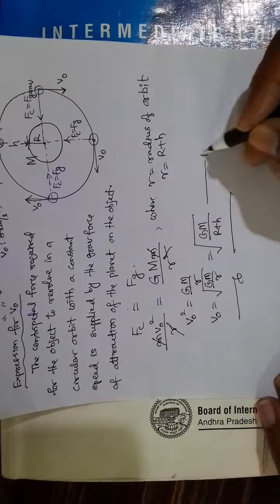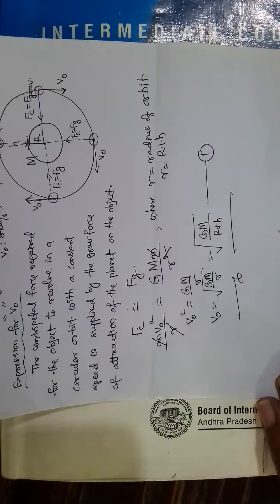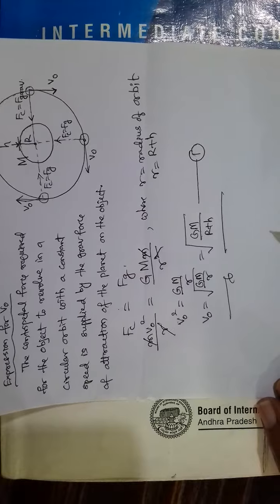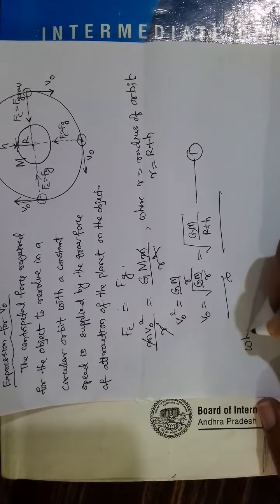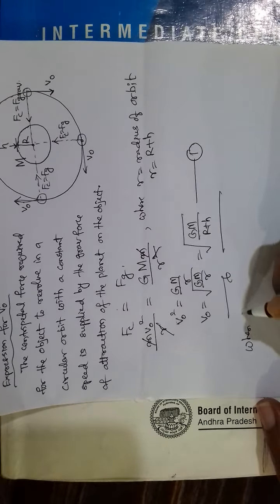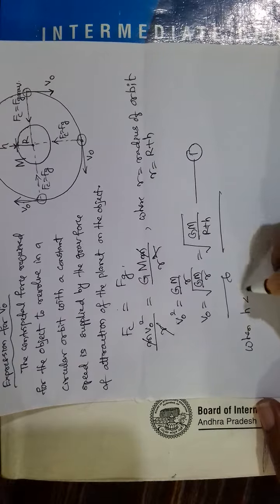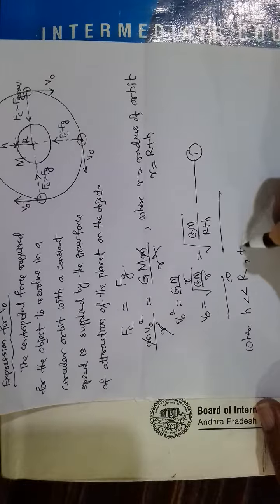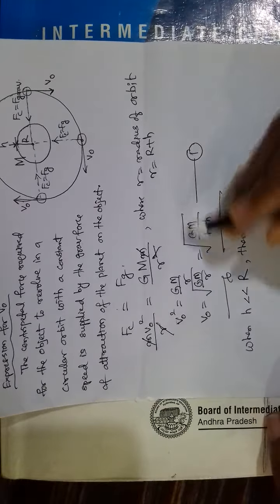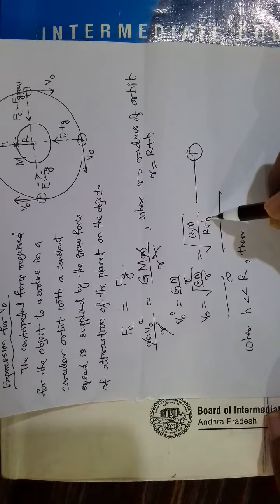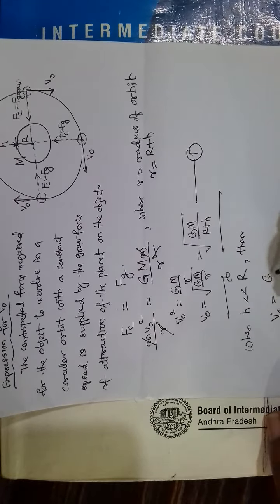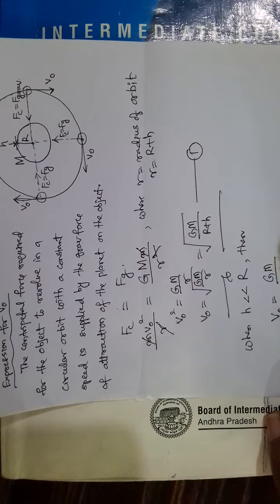So this is one equation for orbital velocity, and there is an approximate equation for orbital velocity. When the height is very small compared to the radius of Earth, then in this expression h can be neglected. Then we write v0 is equal to under root GM by R.